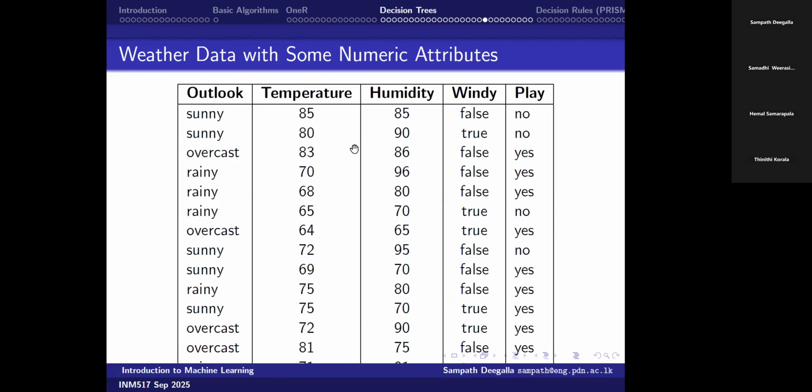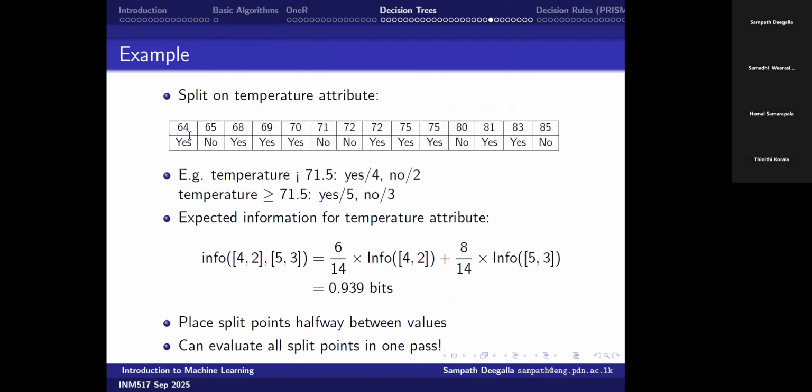I'm going to show you one example. If you select the temperature numeric attribute, this is what we do. Basically, you sort it, and then in this example we select 71.5. That is, you are putting a breakpoint here. Similarly, you breakpoint each and every place and calculate the information. In this particular case, we put the breakpoint in between here.